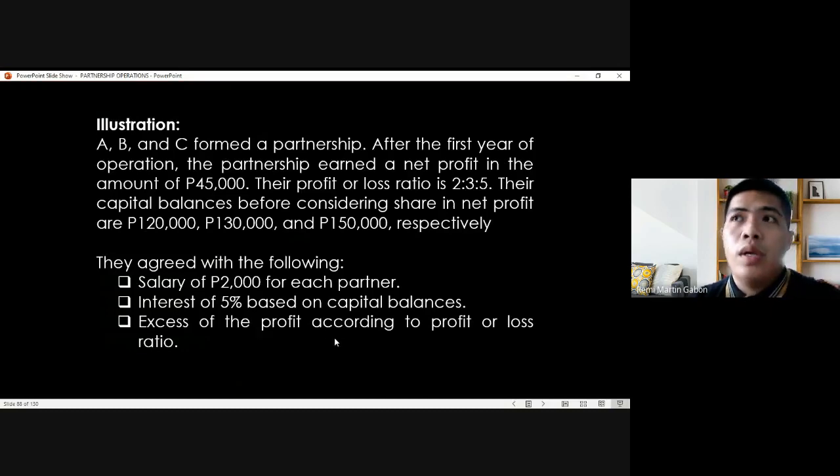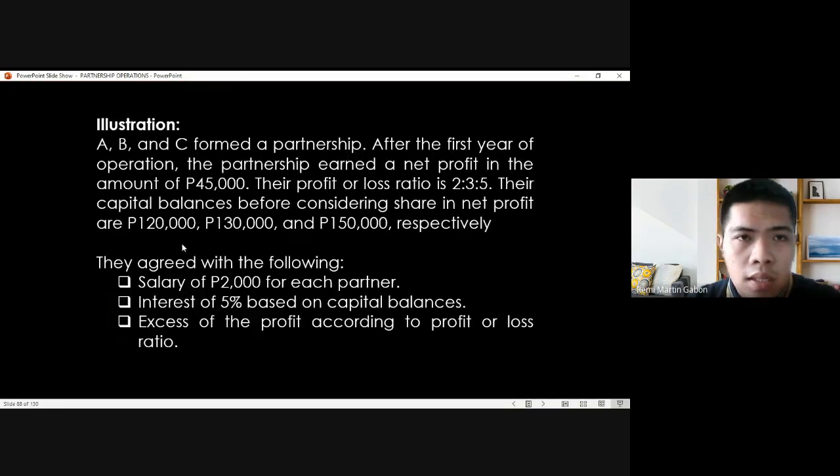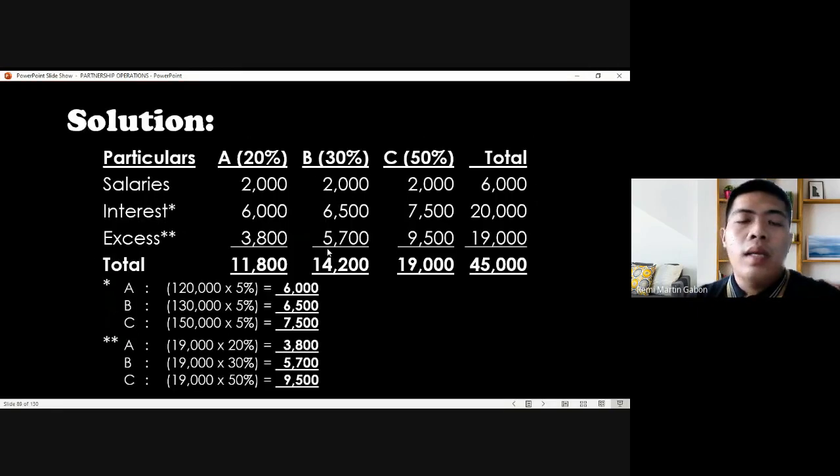Of course, always consider lang the weighted. Okay? So for this one, yung interest will be based on the capital, not the original balances. What is stated here is capital balances before considering profit. So ending balance.